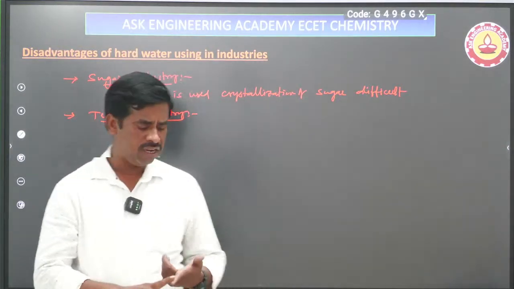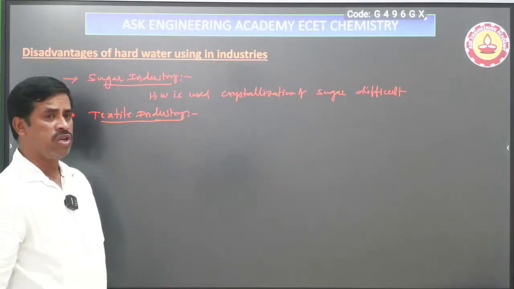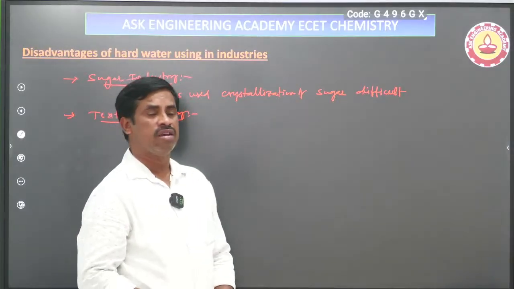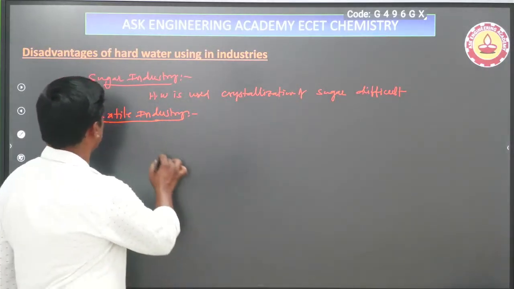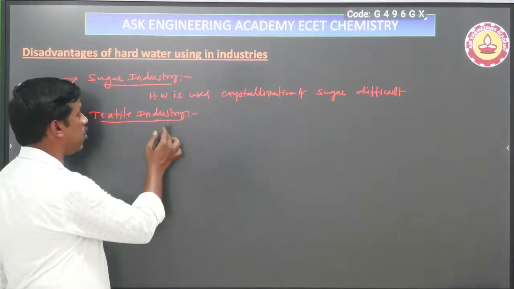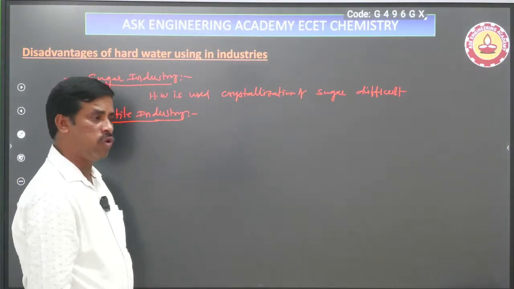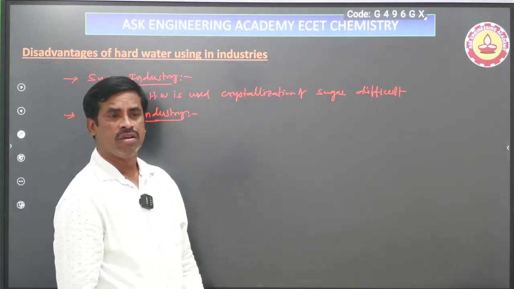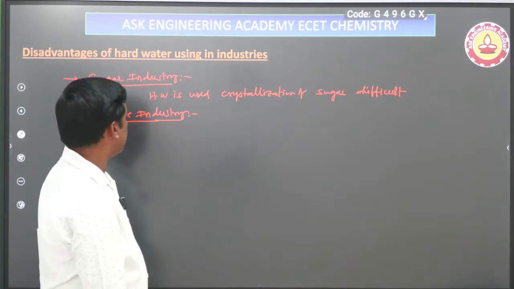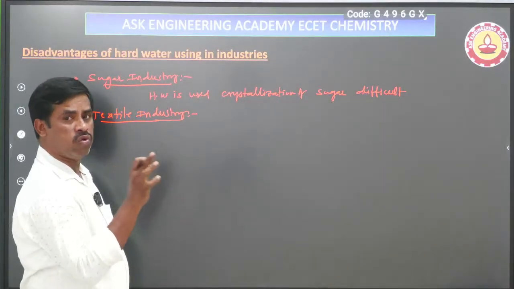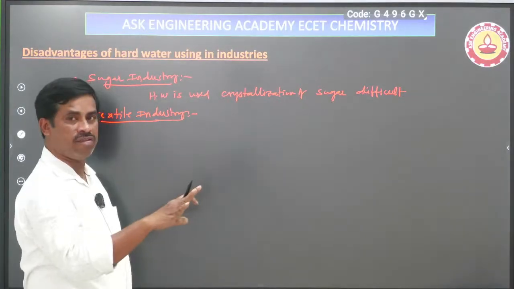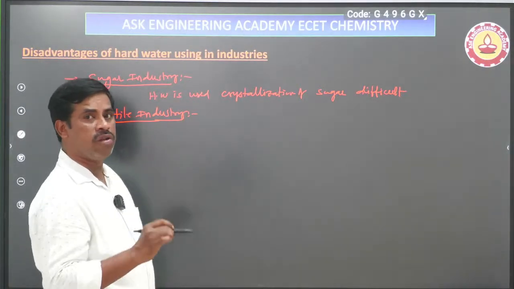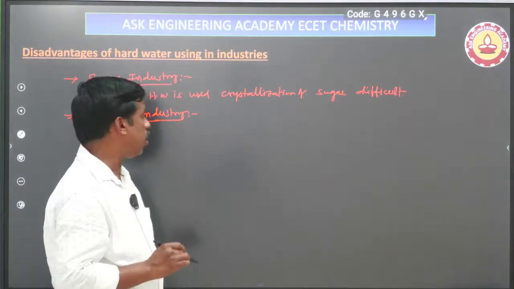Most probably, when hard water is used, the clothes are not cleaned 100%. It consumes more soap, because it does not give much lather due to the presence of many salts. Those salts also get deposited on cloth surfaces, and the color also fades.